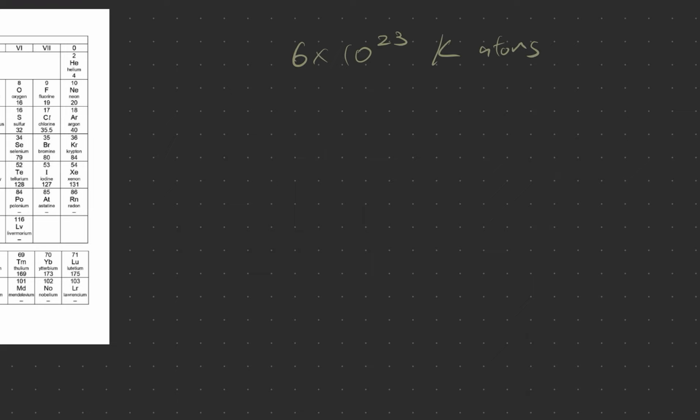To get the number of moles, you just have to take the number of particles known divided by Avogadro's constant, which is also 6 times 10 to the power of 23.